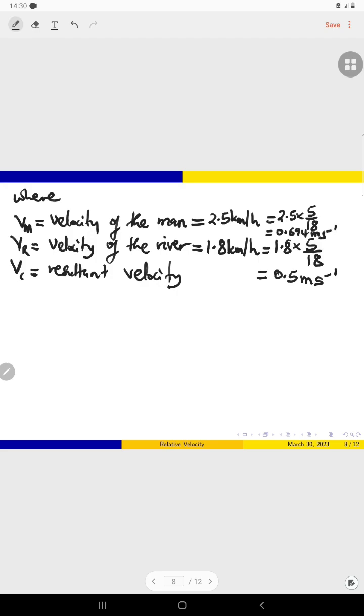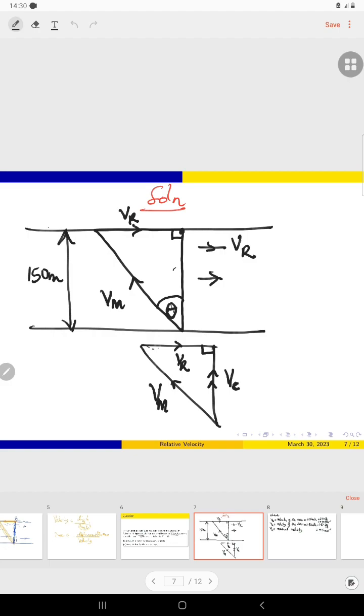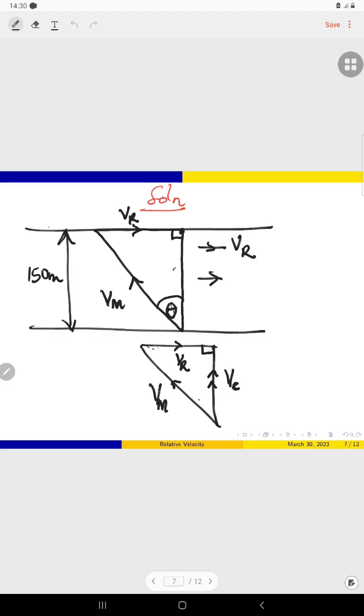So what are we saying? Now the resultant velocity, the question wants us to find the direction in which he must steer the boat. So we are looking for this theta. All right. And if we are to transfer our values back to this diagram, we will get the velocity of the man to be 0.694 meters per second.